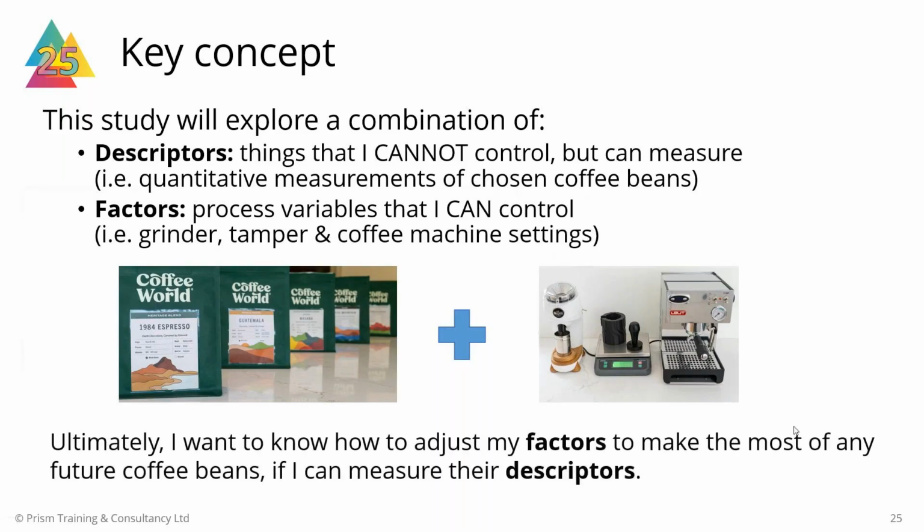And the goal is to develop a level of understanding where I can change my factors under my control, my grinder, tamper, and coffee machine, to accommodate the properties of any future bag of coffee that I choose to buy. So in DOE terms, we're not thinking about these as separate things. What we're doing is looking at the interaction between the properties of the coffee beans that I'm able to measure and the factors under my control that I can vary.